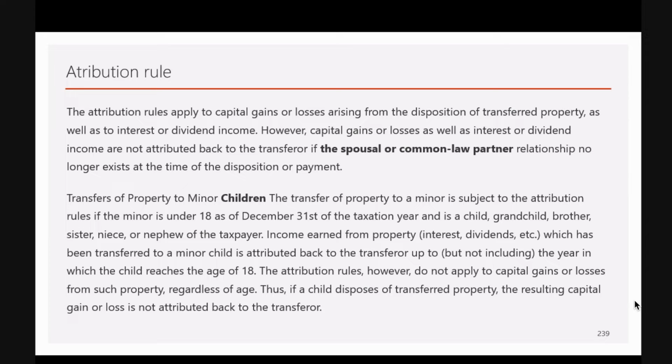When the child reaches 18, the attribution rule stops.